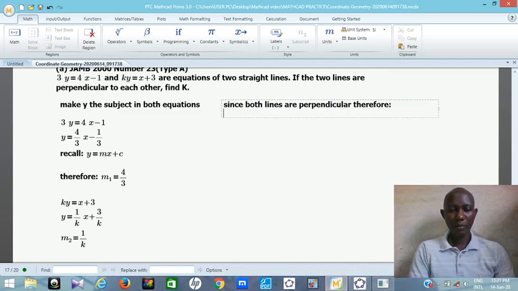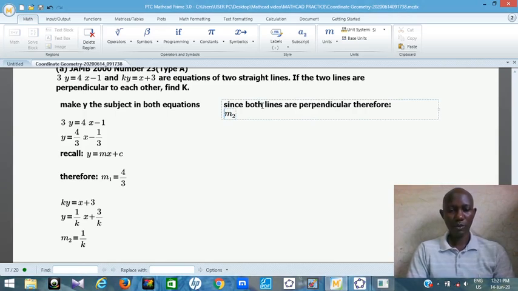We said perpendicular lines says m1 times m2 is equal to minus 1. So this is the condition for perpendicular lines.